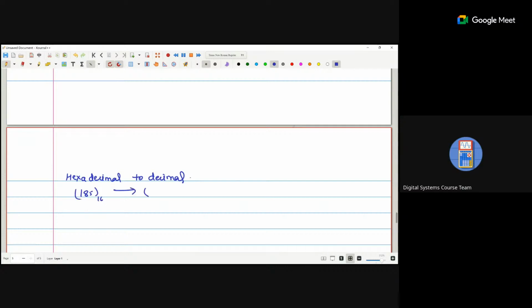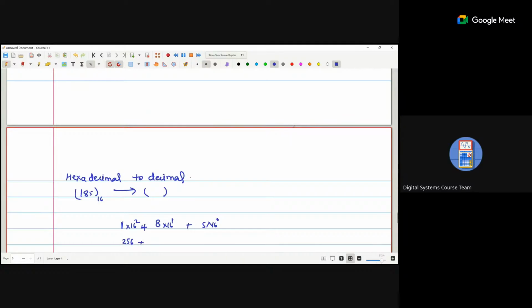We have to convert into the decimal. So we multiply with the weighted 185, 16 raised to power 0, 16 raised to power 1, and 16 raised to power 2. So that is 256.